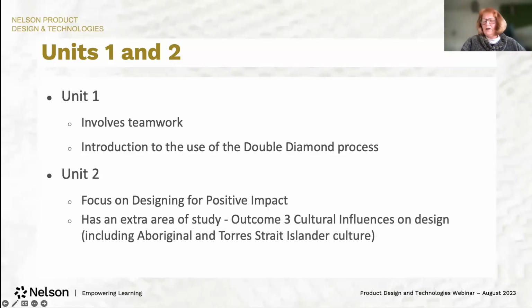The students are, during this unit, expected to learn about the double diamond design process. So it's their introduction, and particularly next year it will be an introduction for all students to the double diamond design process. And through that, you'll teach the students those fundamental things that they need to know about how they carry out useful research, both at the early stages about the design situation and later useful research for practical solutions for their problem.